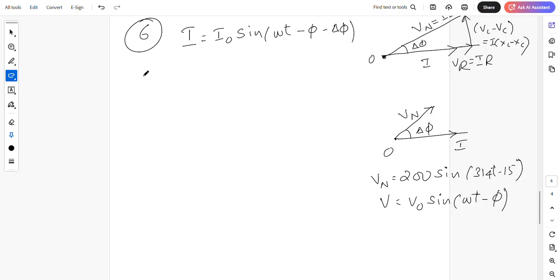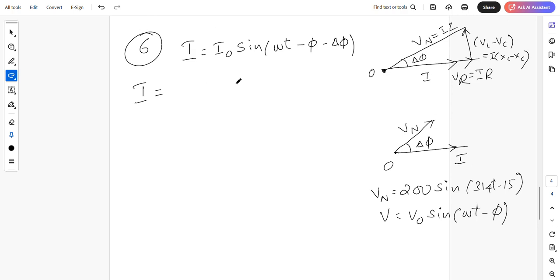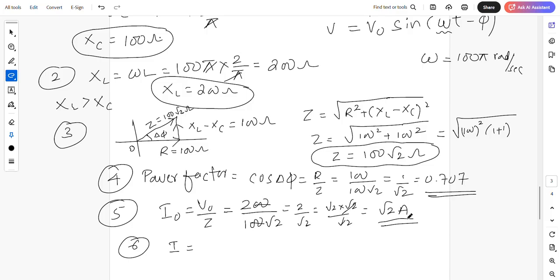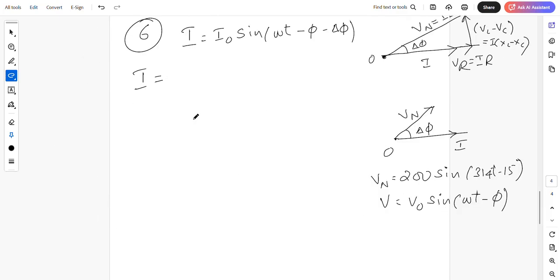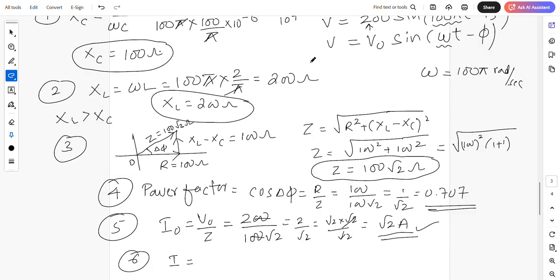Just now we calculated I naught is root 2 amperes. I can write that as root 2 sine of omega t, that is same as this one, 314t, minus 15 degree minus delta phi.